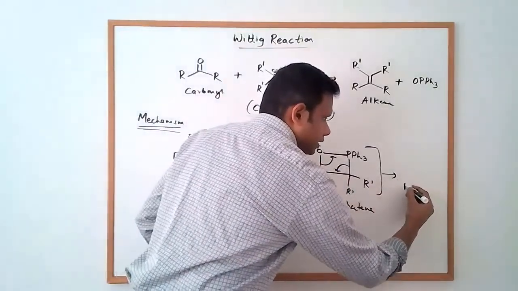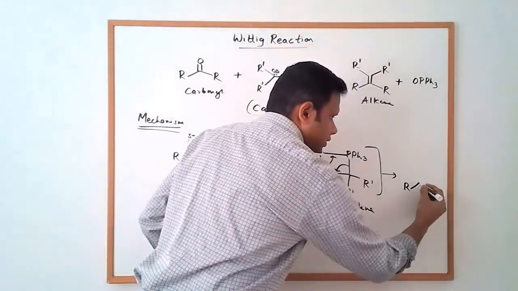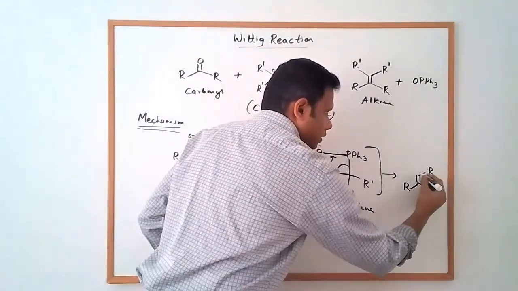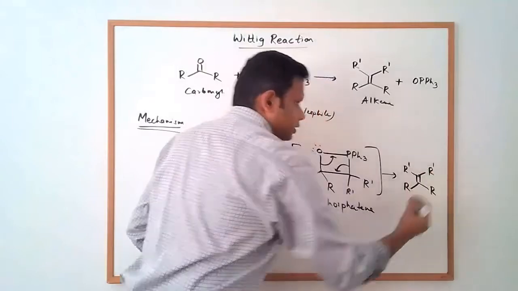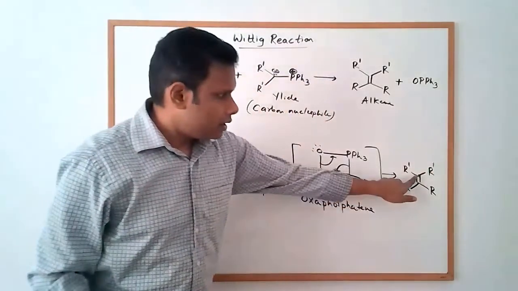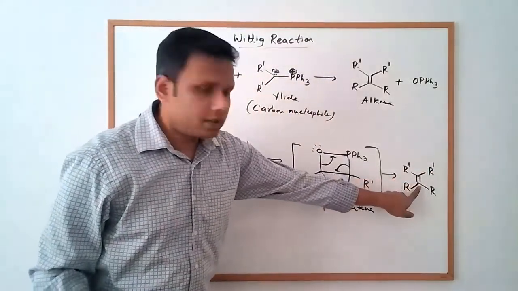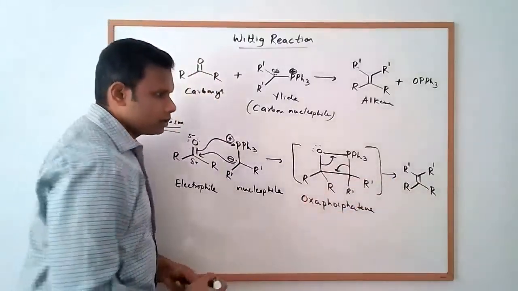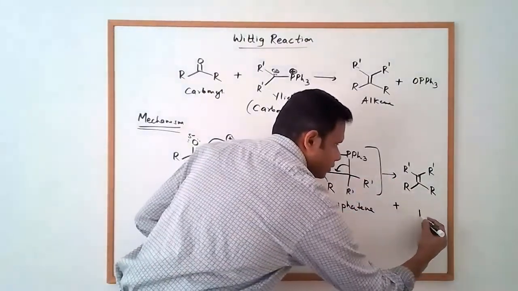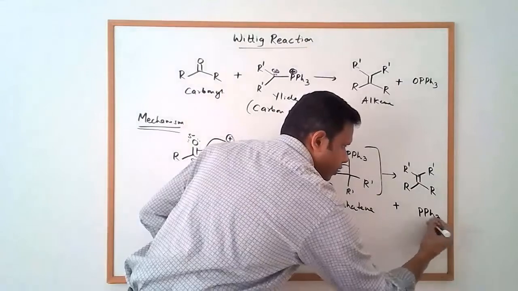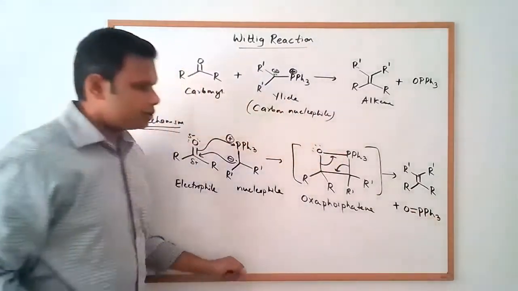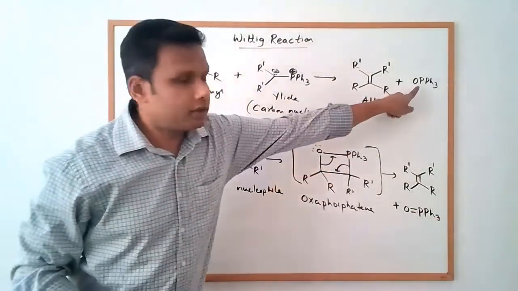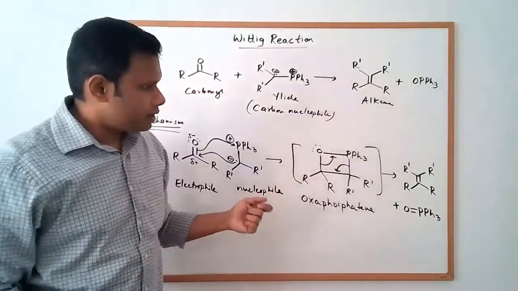That's how we get the alkene product here. So in the end, the ylid carbon is connected to the carbonyl carbon through a double bond, plus you have the phosphorus double bonded to the oxygen. That's what the triphenylphosphine oxide is.